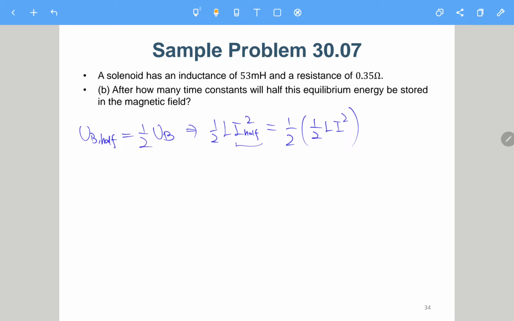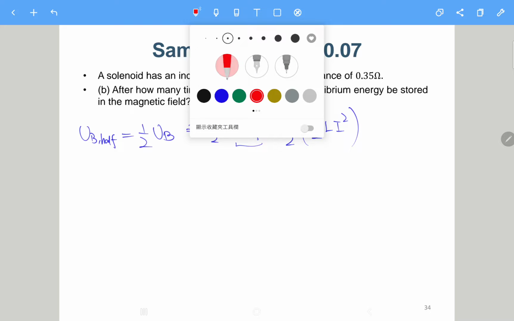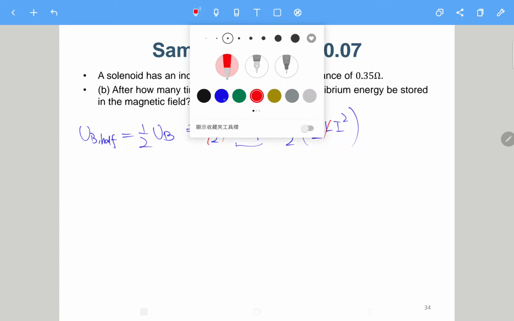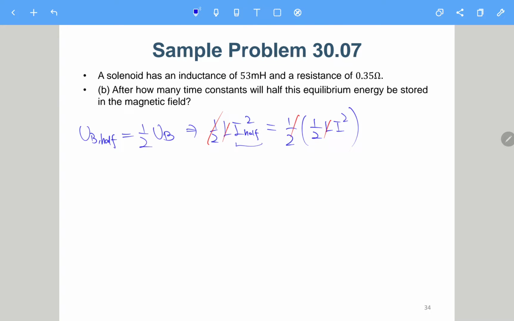So we can make some cancellation. This 1/2 cancels with this 1/2, and this L cancels with this L. So we can see that I_half should be 1 over square root of 2 times I, because we have I_half squared here and I squared here, so we take the square root on both sides.